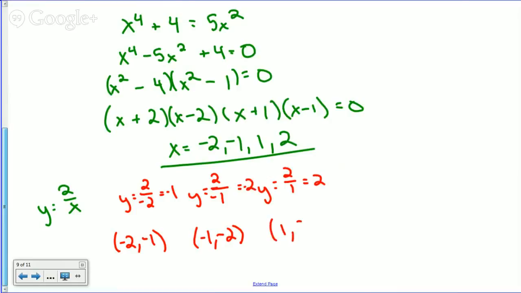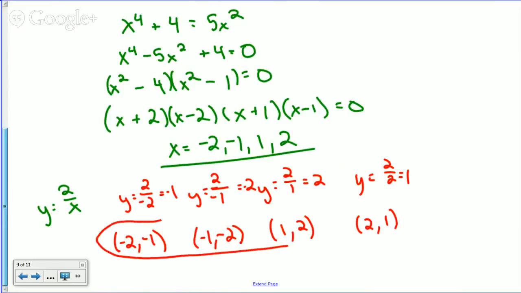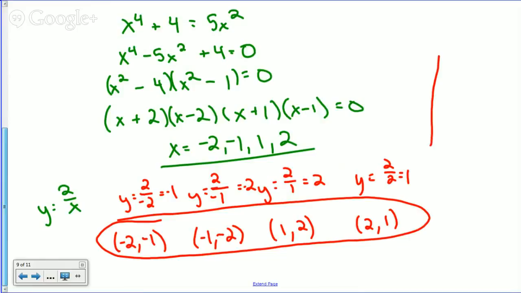So we had 1 comma 2. And y equals 2 over 2, which is 1, so 2 comma 1. So that's where this reciprocal function and this circle are intersecting. So maybe something like this. Reciprocal function, the other side, and I've got a circle in there. 1, 2, 3, 4, intersections.